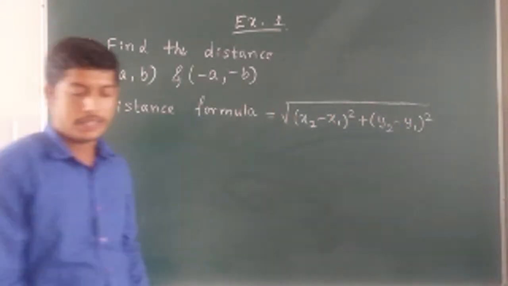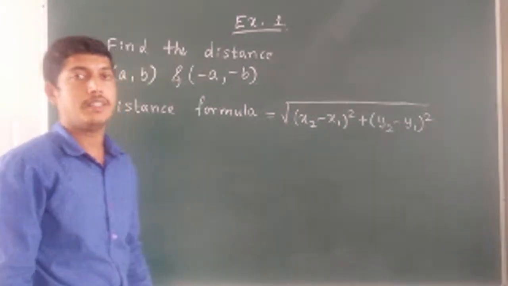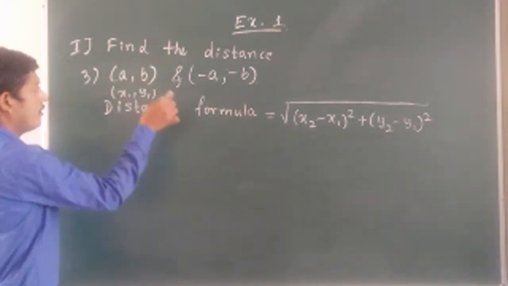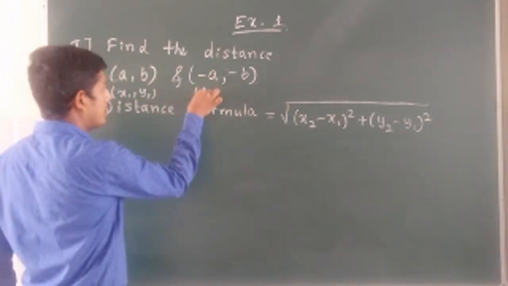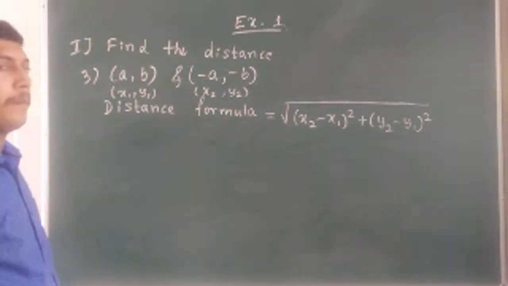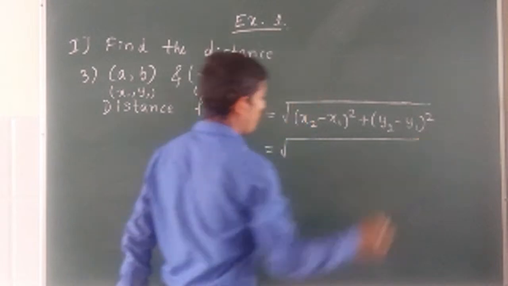Square root of x2 minus x1 whole square plus y2 minus y1 whole square. We will give the name to this as x1 comma y1 and this as x2 comma y2. We will substitute the values.